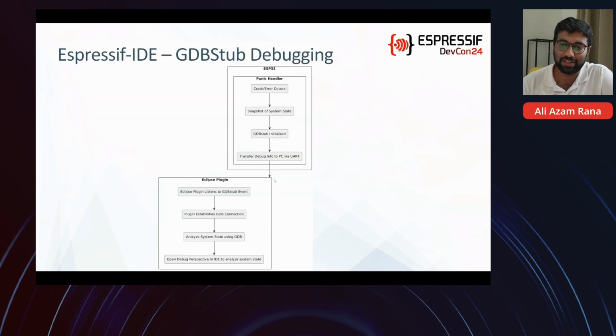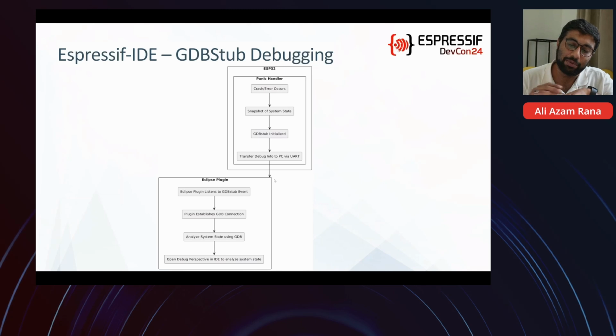GDB stub debugging works like this: the chip itself has a panic handler, and if you have enabled the GDB stub on any panic behavior, it will try to create a snapshot of the system and initialize a GDB stub on the device, which will then communicate with your computer via UART.